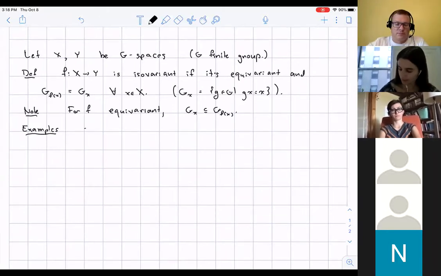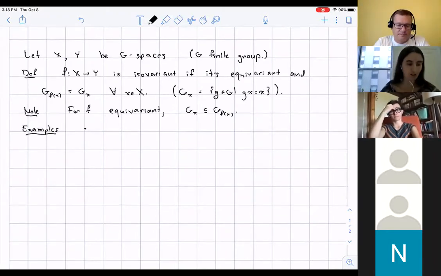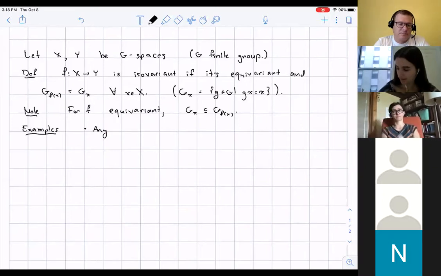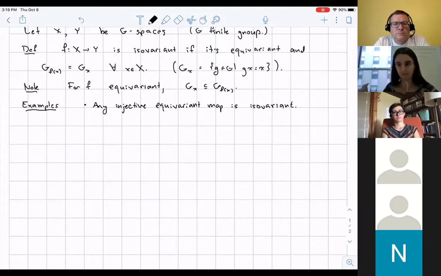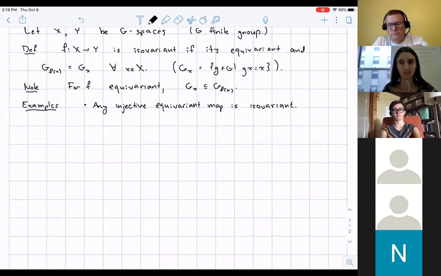One thing that's good to note is that any injective equivariant map is isovariant. Yes, every injective equivariant map is isovariant, but there are plenty of isovariant maps that are not injective.